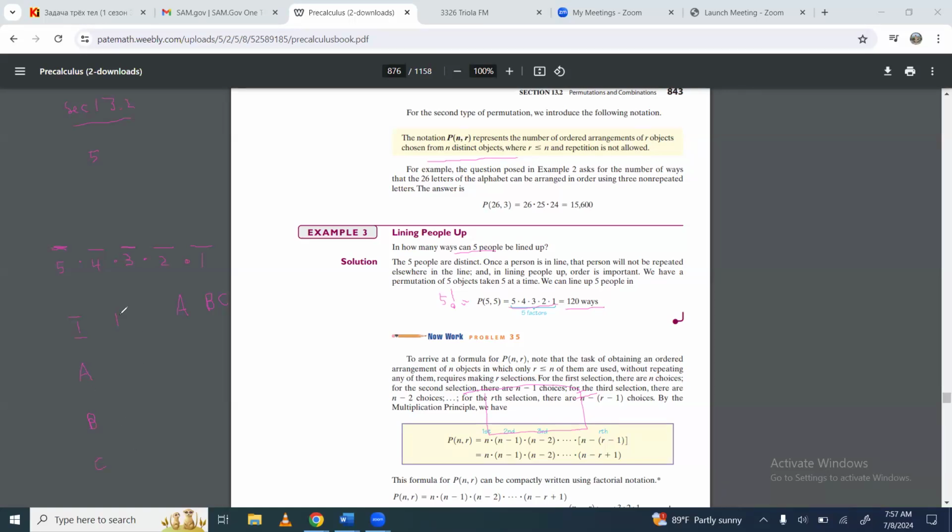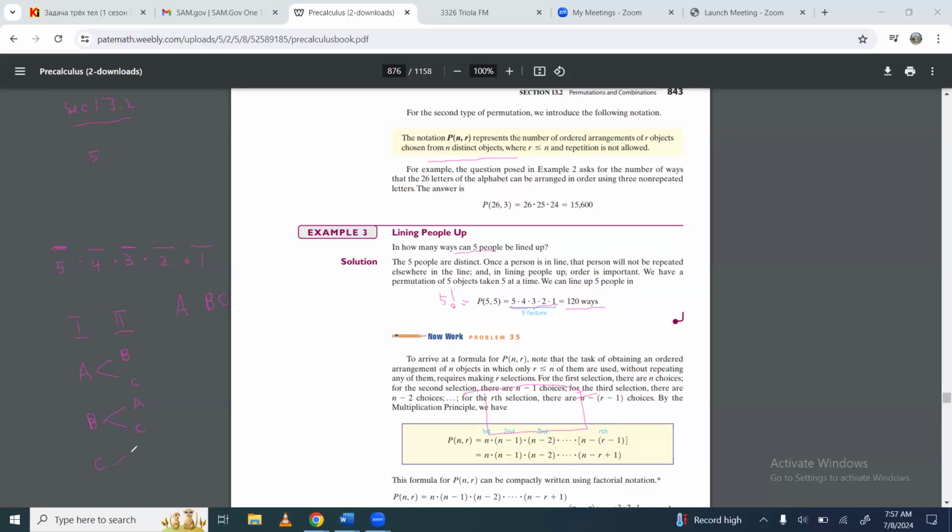Then for the second position, with the first already being A, I can put either B or C. And then with the possibility where the first person is B, for the second position it's going to be either A or C. You see how it comes out?